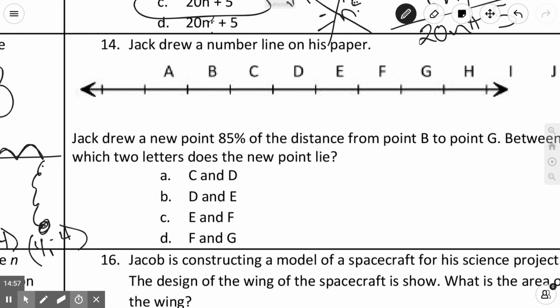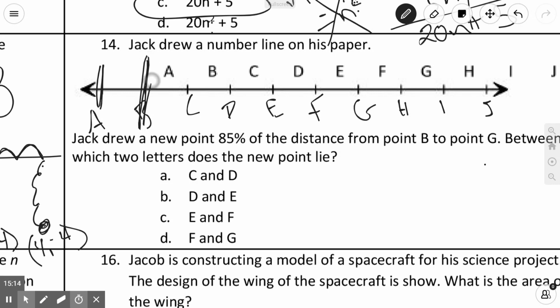Okay, these ones are always messed up, so let's redraw A, B, C, D, E, F, G, H, I, J. Jack drew a new point 85% of the distance from B to G, right here. Between which two letters does the new point lie?